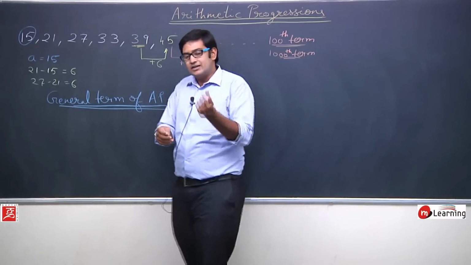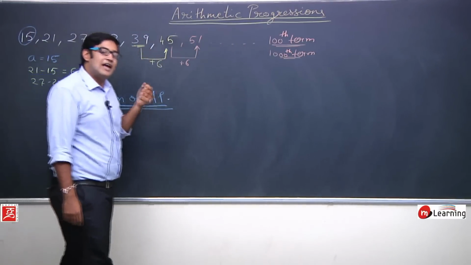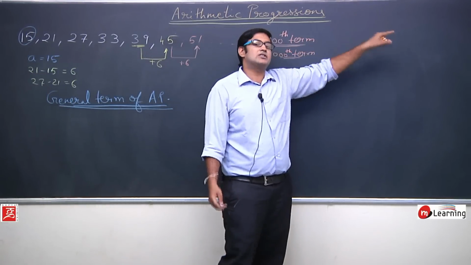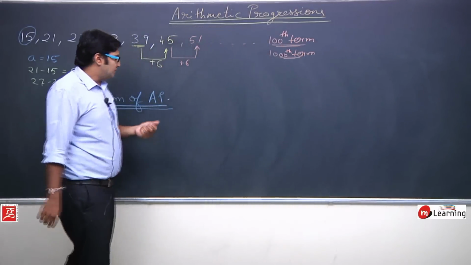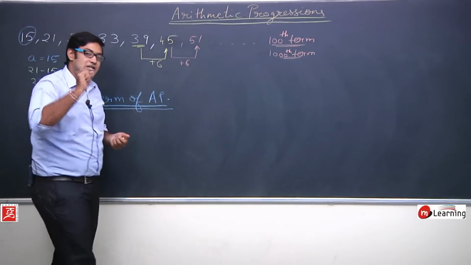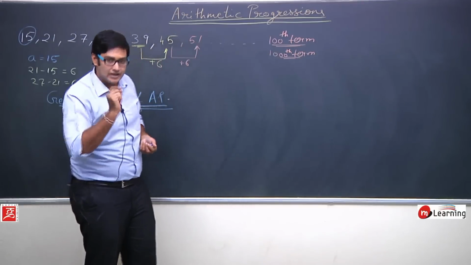Okay, it doesn't matter. The general term of an AP will help us to determine any term in this sequence or in any possible sequence. So if I want to write the general term of an AP, I am going to first write the general form, the general representation of an AP.